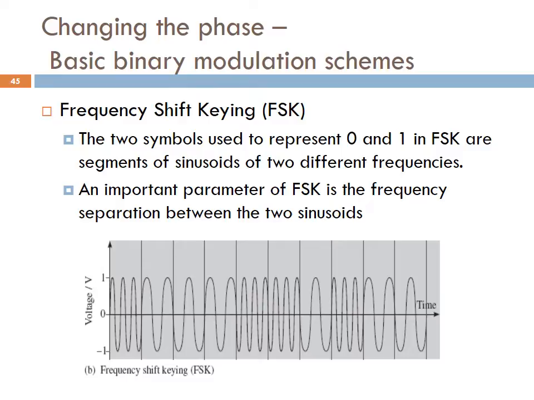One variety of FSK is CP-FSK, continuous phase FSK, in order to reduce the changes between symbols.